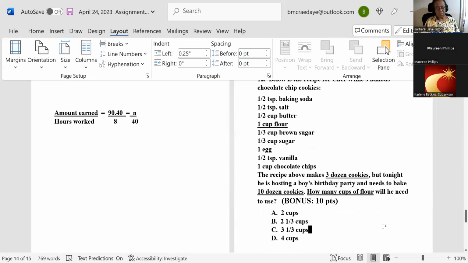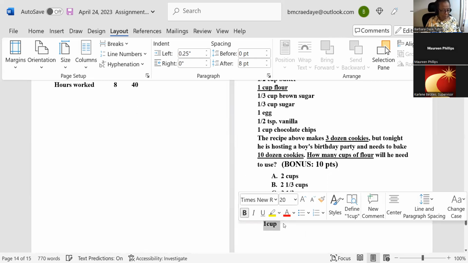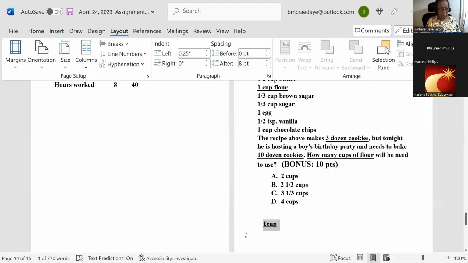Okay, I will put cups up top, right? 1 cup for 3 dozen. So you've got 1 cup and 3 dozen. Now, what would this be equal to? 3 dozen to 1 cup.